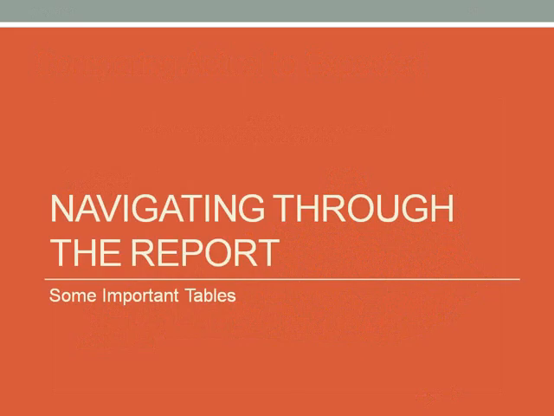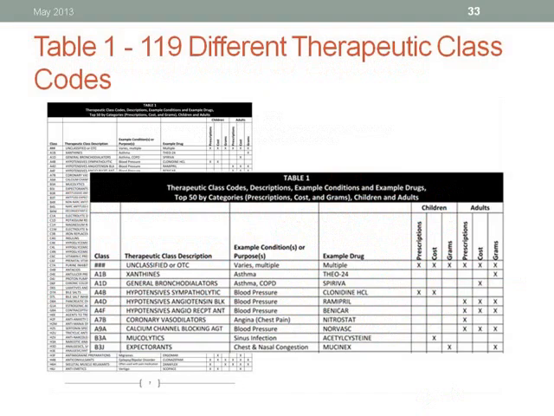So as we get on the home stretch here to finish off, navigating through the report, some important tables. Table 1 is the most important table. As I told you, there are hundreds and hundreds of therapeutic classes. There are 119 in this table, and these 119 are the ones that are the top 50 for either the number of prescriptions, the cost, or the grams for children and adults.